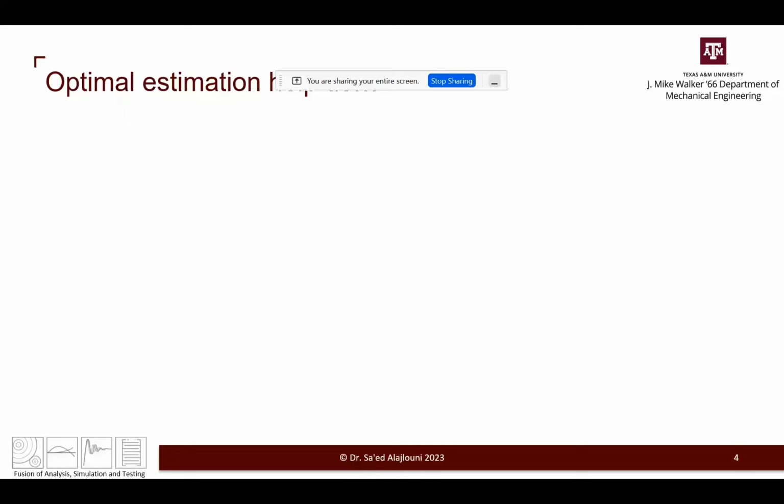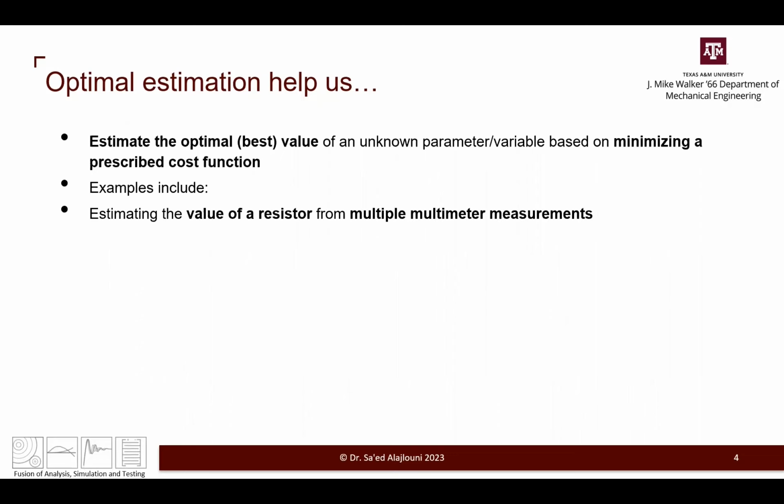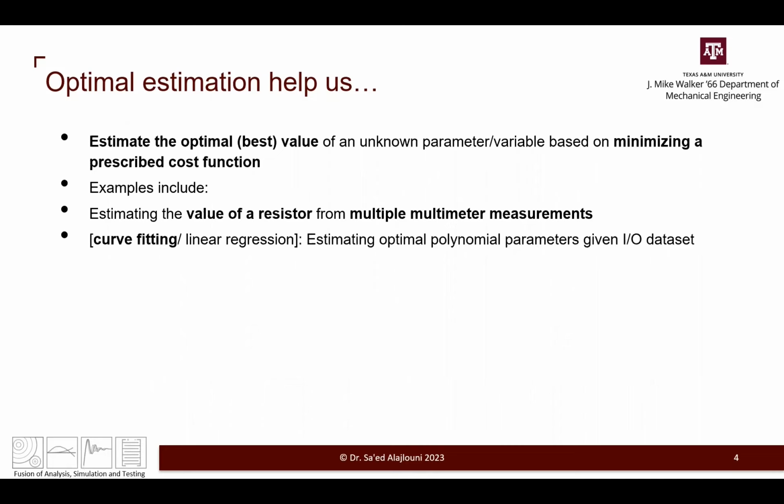Okay, so examples. Optimal estimation helps us find the best value of an unknown parameter or variable after minimizing a cost function. Examples include, if I have a resistor and I have multiple measurements using a multimeter, then I could use some of what I will show you today to estimate that resistance value.